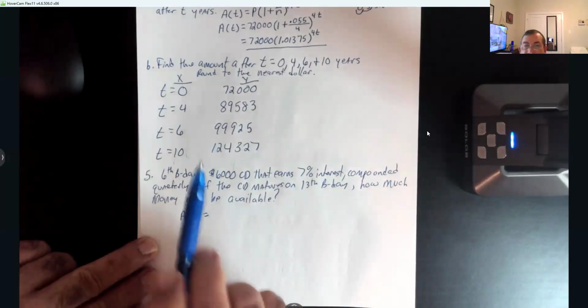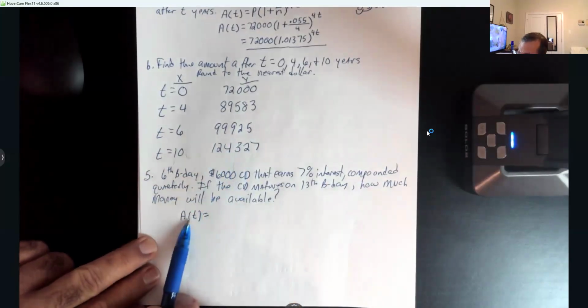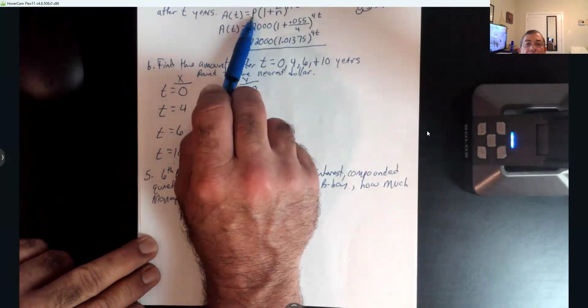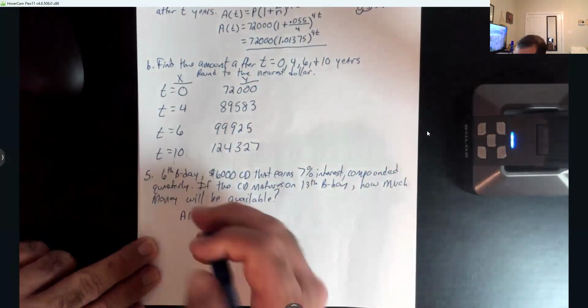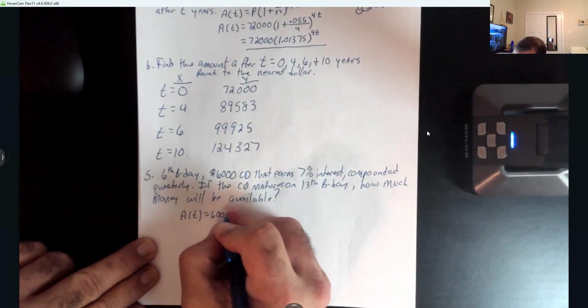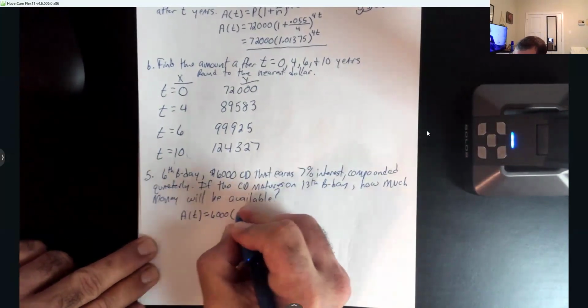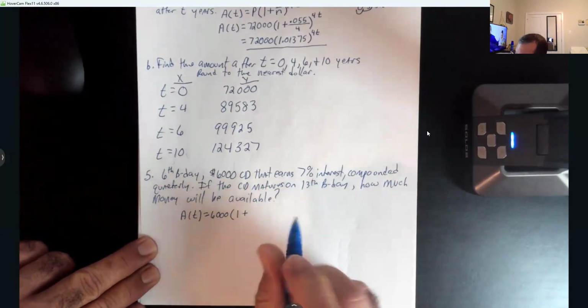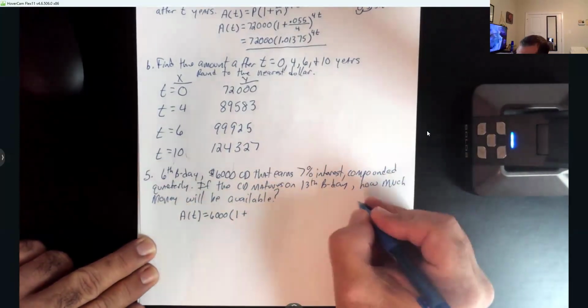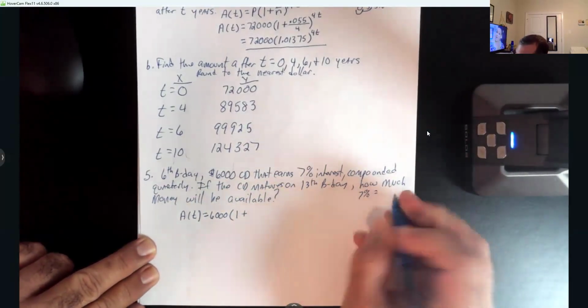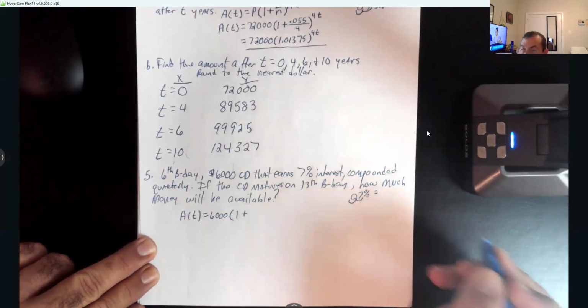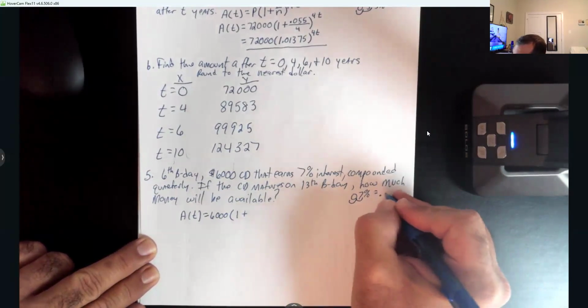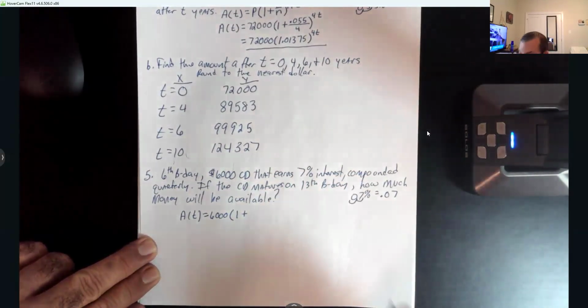So we know it's going to be A of t still, and then A of t equals the P, which is my starting amount. Well, we know the starting amount was 6,000. And then parentheses 1 plus 7%. If you move that decimal left twice, we add a 0 and make that 0.07.